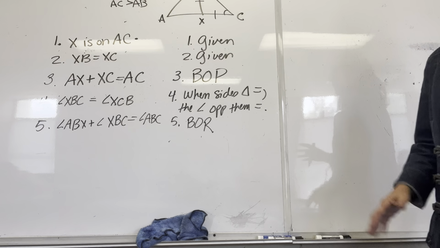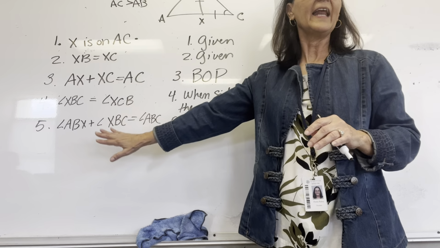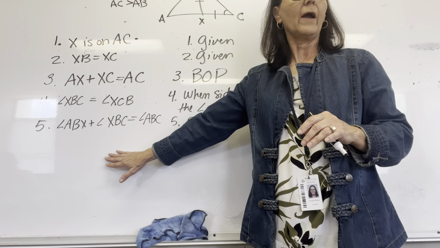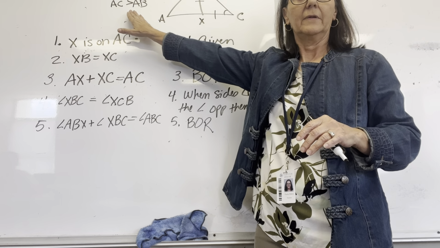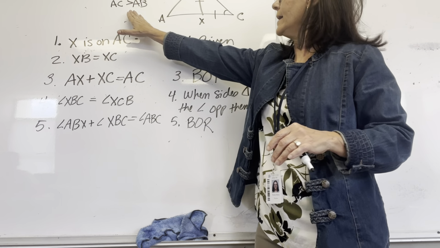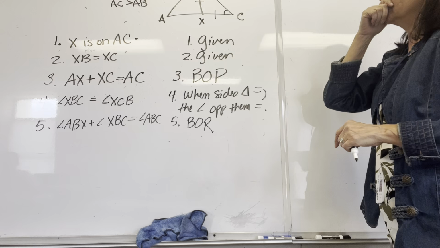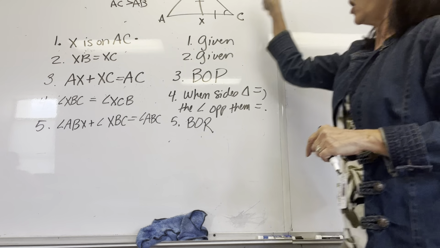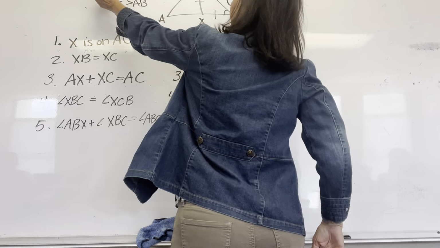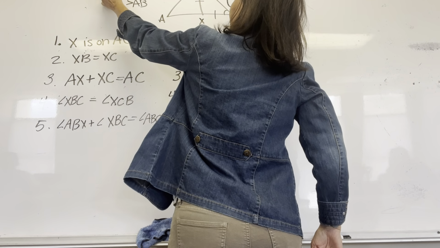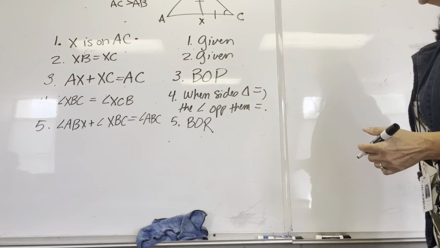All right, so look what we have. We have some angles. If I can get angles greater than other ones, then I can say the sides opposite them are too. Let's see what angle is opposite AC. B, the whole angle B, angle ABC. What is opposite AB?